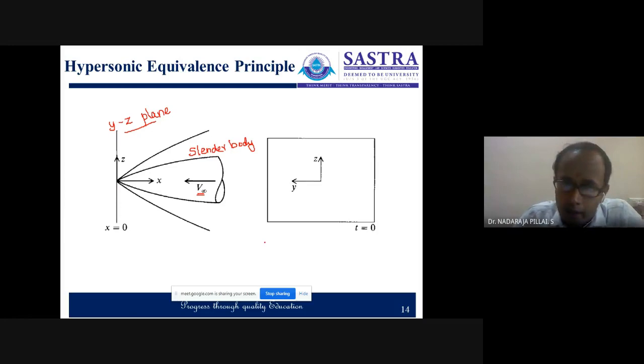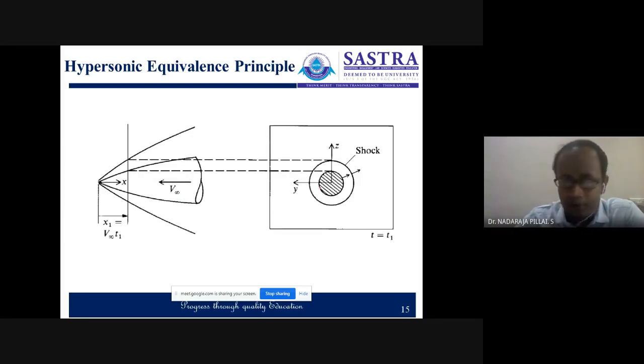Now, at time t is equal to 0, in the YZ plane, you cannot see anything, right? This is the pointed nose of the slender body. Now, let us say the next time step, time t is equal to 1.